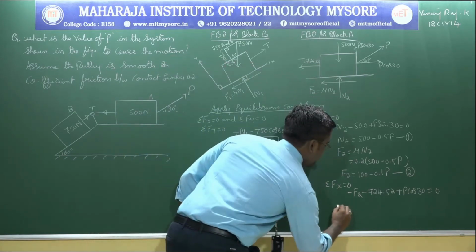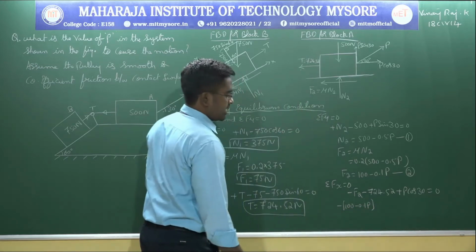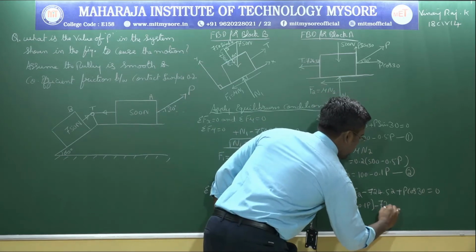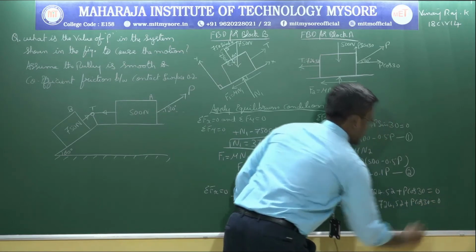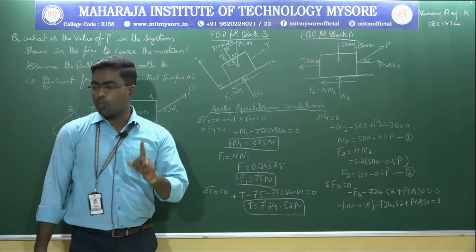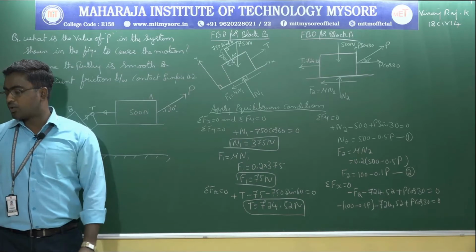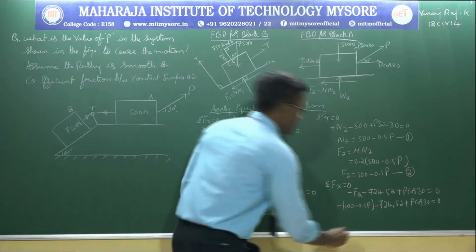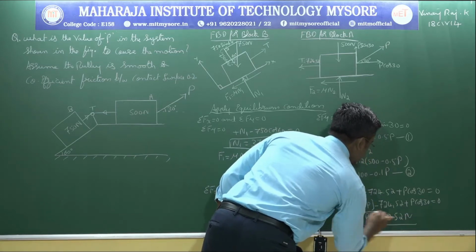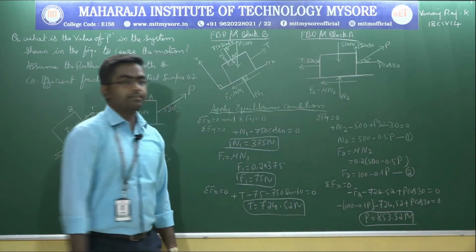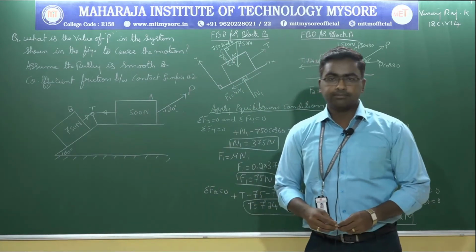So that is minus 100 minus 0.1 times P, minus 724.52, plus P cos 30 is equal to 0. So in this complete equation there is only one unknown, that is capital P. If you simplify this, capital P will be equal to 853.52 Newton. Right? So this is how you need to solve the problem. So let us move to the next problem.